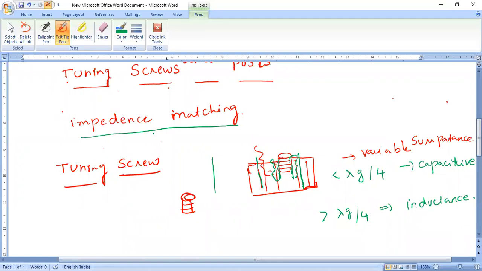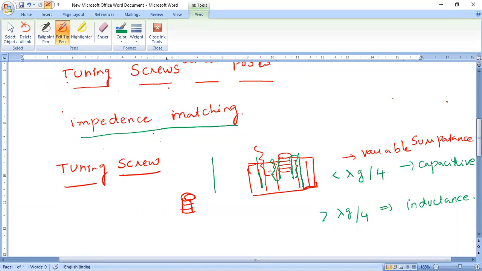For getting impedance matching. The main purpose of tuning screws is to get impedance matching. So if you need more inductance, you have to adjust the length of the screw to more than lambda g by 4. If it is less than lambda g by 4, you get capacitive susceptance.